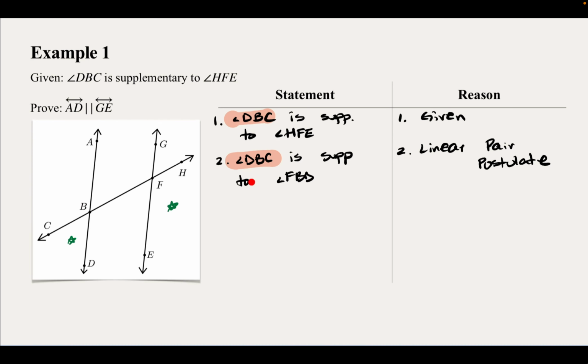If I have one angle that's supplementary to both of these angles, then I can say that this angle and this angle are congruent. That's going to be my next step. Angle HFE is congruent to angle FBD. That is by the congruent supplements theorem.